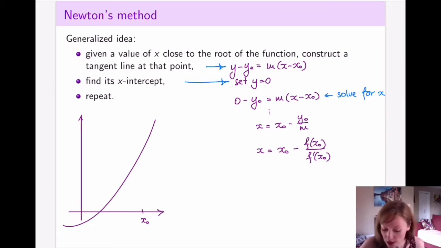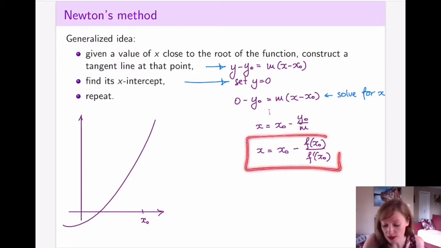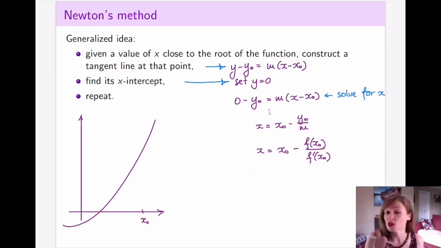Make sure you actually follow through the steps to see how they worked out. And you will notice that here I replaced my y naught with the function value of x naught, and I replaced m with the derivative of the function at x naught. This way, this entire expression contains only my initial point x naught, my function, and its derivative.